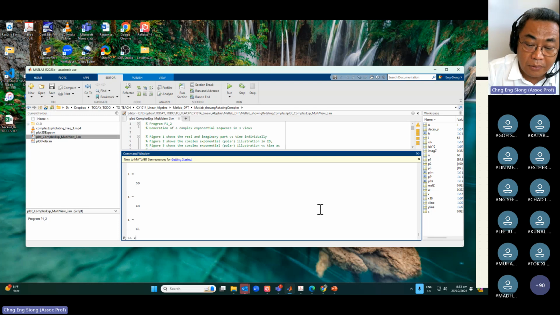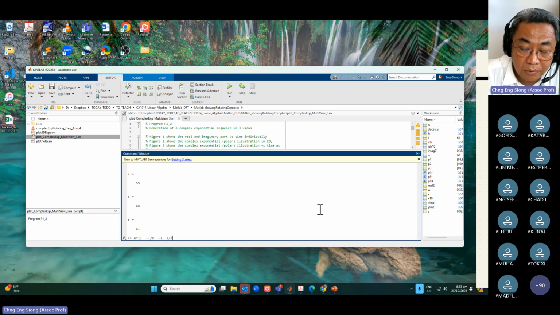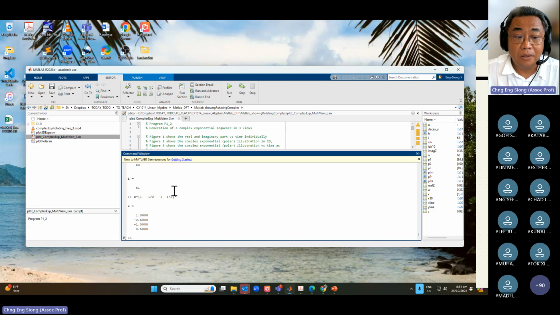So I will write small x first. Small x is equal to 1, minus half, minus 1, and half, transpose. So this is small x. Big X is equal to FFT of x. That's all, in one line of code.